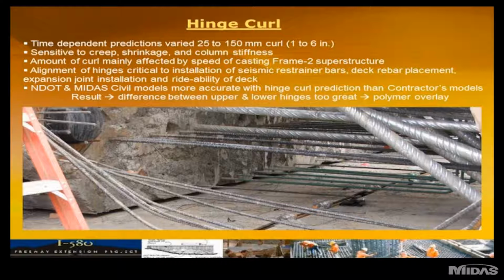The amount of curl is mainly affected by the speed of casting the frame 2 superstructure. And as I mentioned, the alignment of the hinges is critical for the installation of the seismic restrainer bars, the deck concrete, the rebar placement, expansion joint installation, and rideability. We found that the Midas Civil models that I developed and the DOT SAP models were more accurate than the contractor's models.